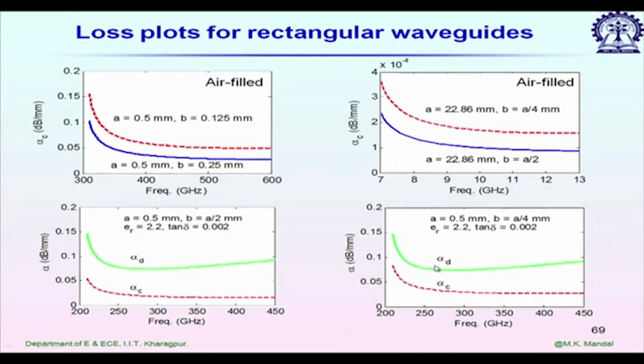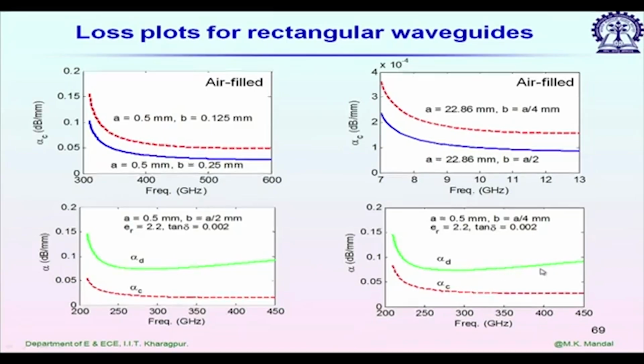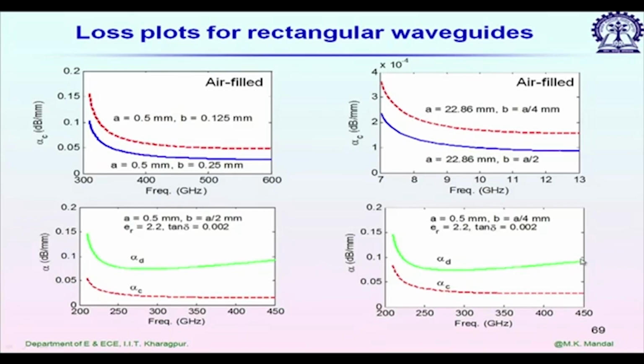Now, if I combine the effect of both conductor loss and dielectric loss, then the resultant variation, if I plot, again it will be infinite at the cutoff frequency, then it will have an optimum value approximately at 1.5 times the cutoff frequency, then it will slowly increase with frequency.